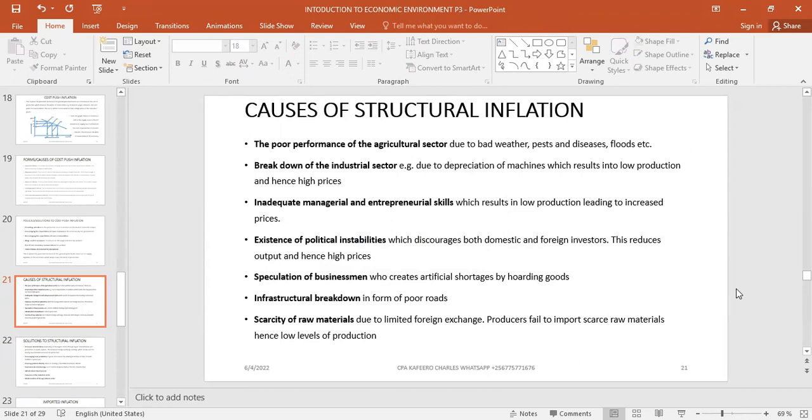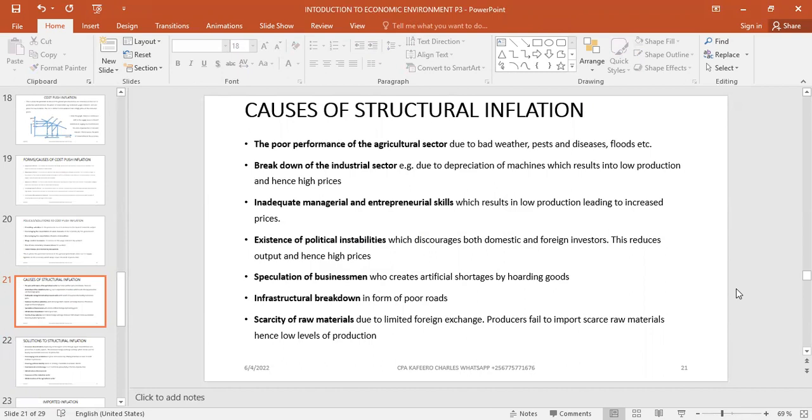Let's say it is time for harvesting, but the rain is still there. People cannot even harvest what they have planted, or it is planting season, but the rain is not there for people to plant. It's not their fault that they have not planted.